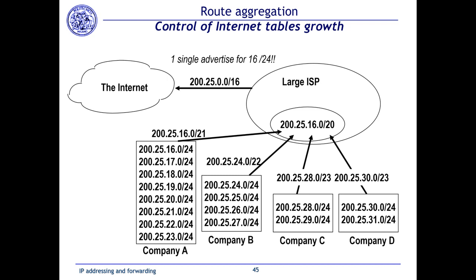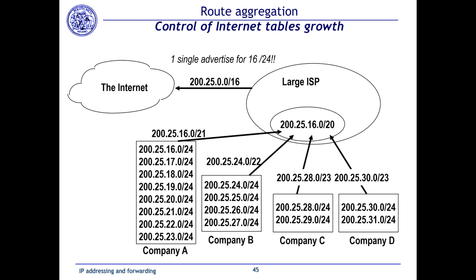Then each of these aggregated addresses dedicated to the companies belongs to a block that is the block of all the business customers of the ISP.